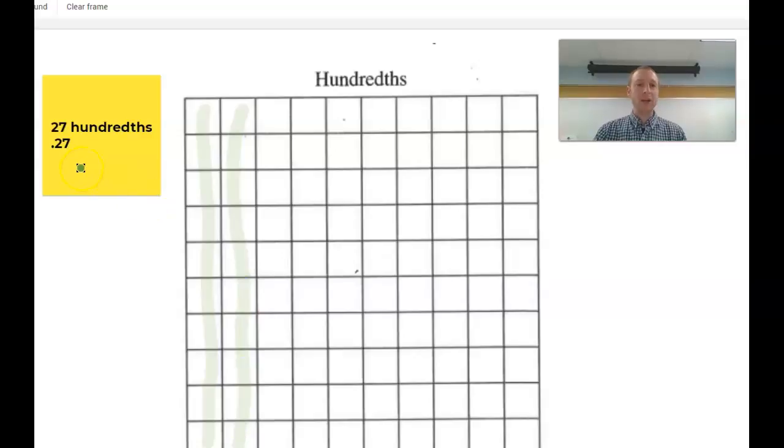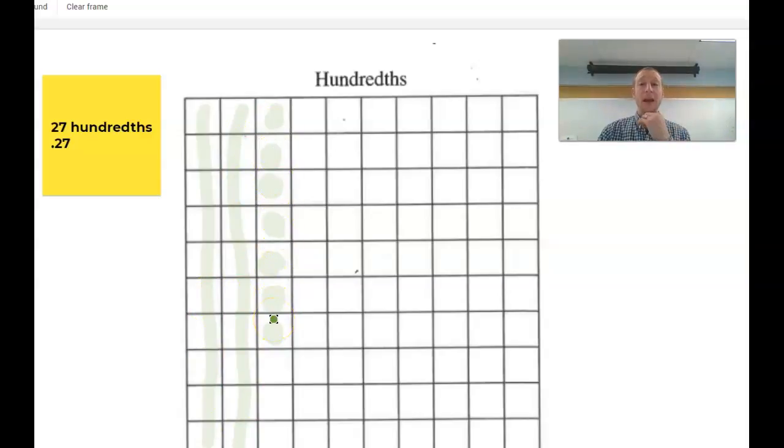And now, how many hundredths after that do I have to shade in? 7. So let's see, here's 1, 2, 3, 4, 5, 6, 7. So I have 27 hundredths. If I counted them all up, I would count 10 here, 20, 21, 22, 23, 24, 25, 26, 27 hundredths.